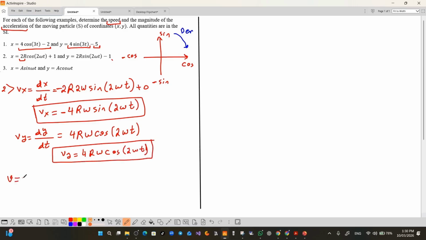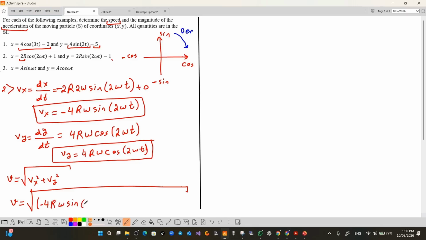What about the speed? Following the same argument, the square root of Vx squared plus Vy squared. So the Vx is minus 4r omega sine 2 omega t to the power 2 plus 4r omega cosine 2 omega t to the power of 2, which is equal to, we just apply the square on the sine, the 4, the omega, the r.